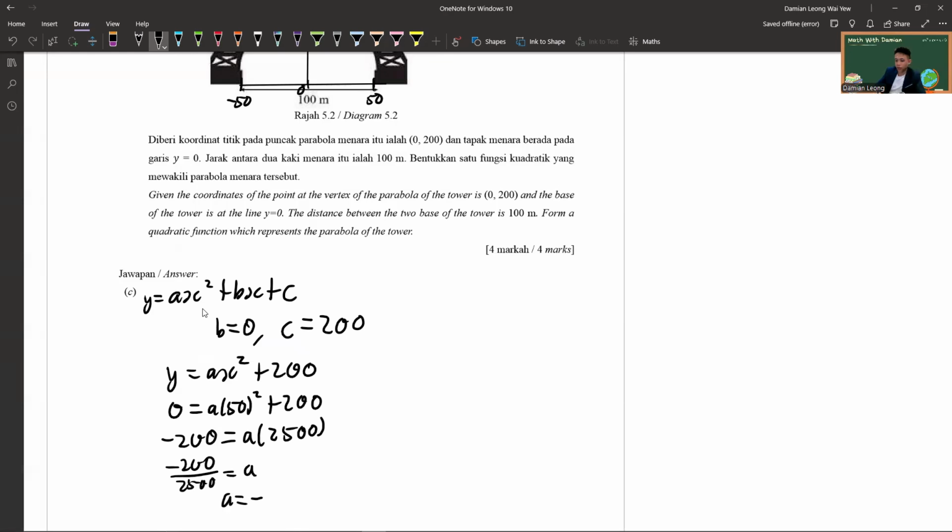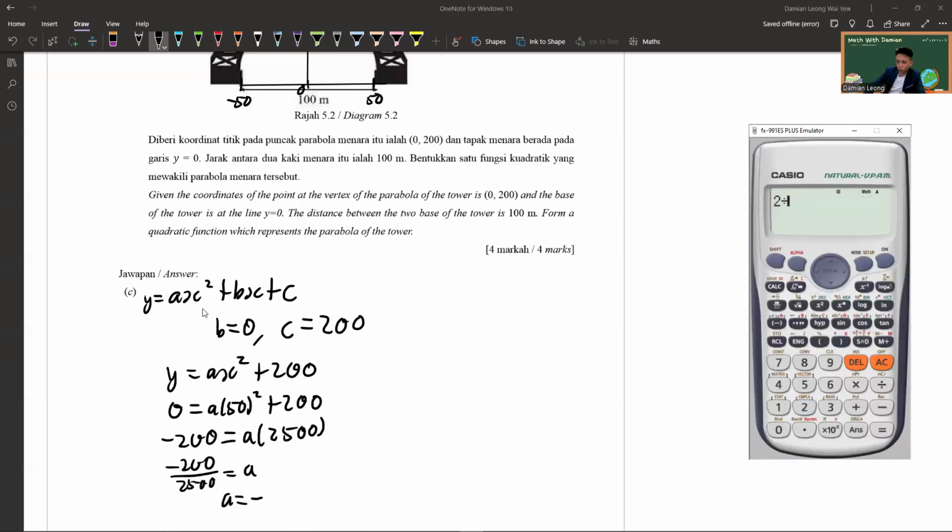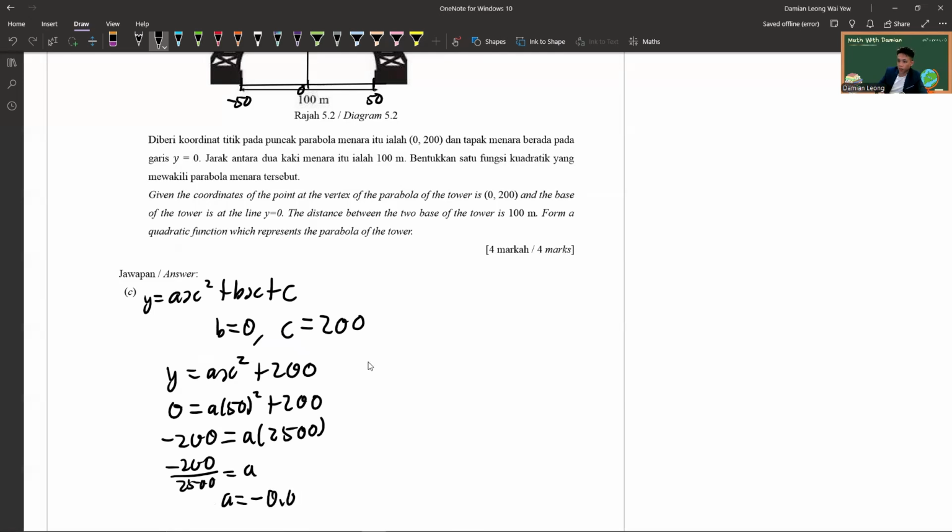A would be negative 2 over 25, which is negative 0.08. Yeah, means y equals negative 0.08 x squared plus 200. Yeah, that's the quadratic function.